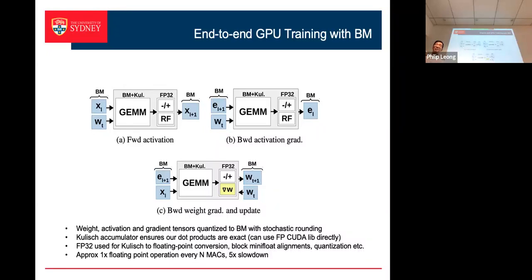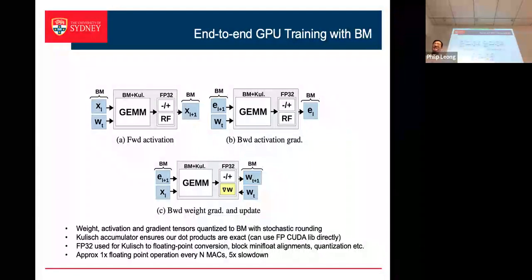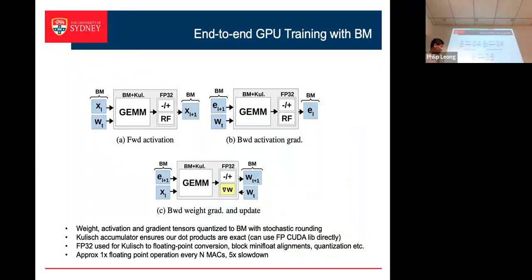So we can, for example, train ImageNet, whereas if you try to implement a low precision format without some of these features, then it could be like 20 times slower than 32-bit floating point. And in that case, it starts becoming intractable to train even a relatively small benchmark like ImageNet.